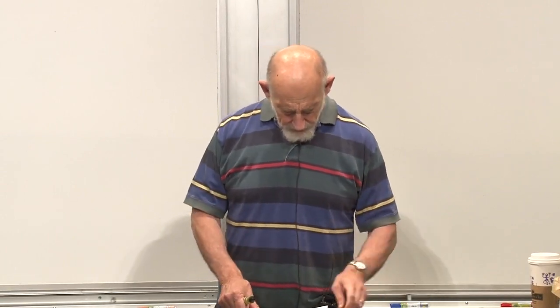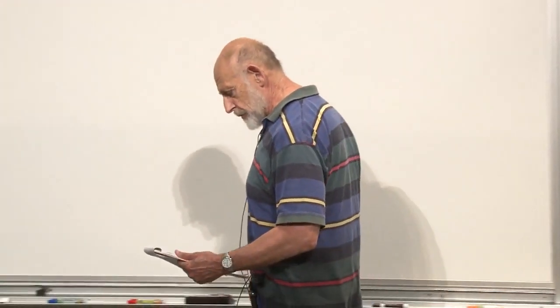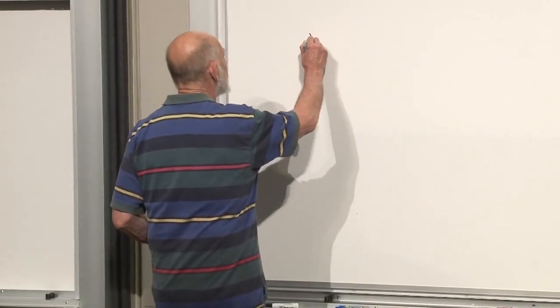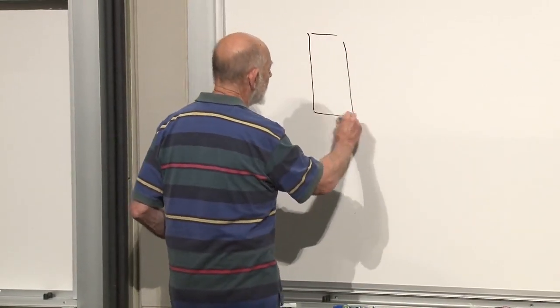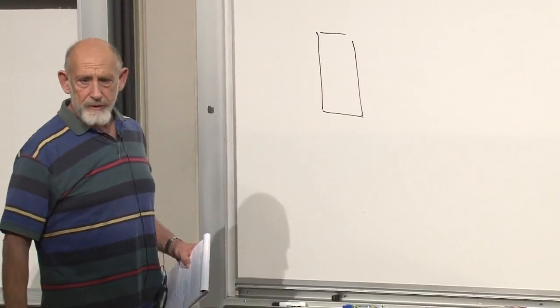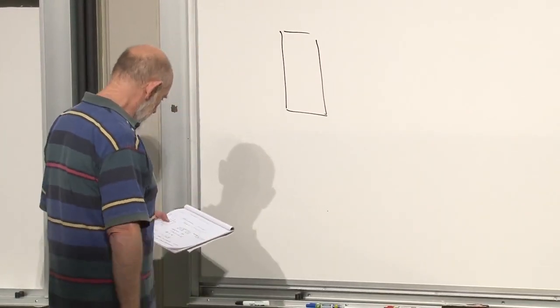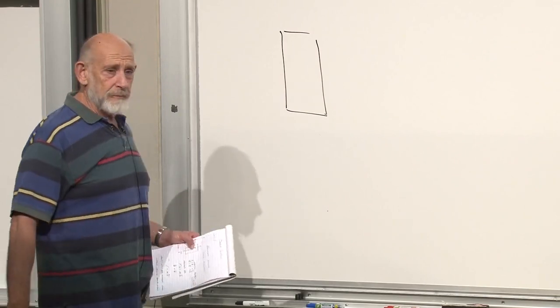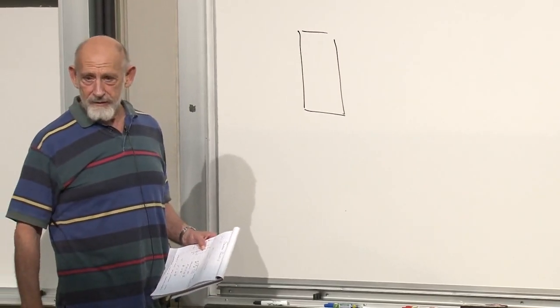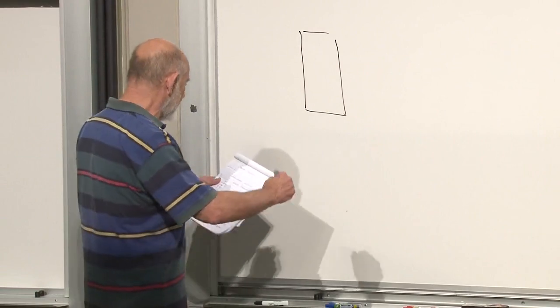Okay, so let's imagine the Einstein thought experiment. Somebody in an elevator. The elevator got promoted to a rocket ship in later textbooks, but I've never been in a rocket ship. I have been in an elevator, and so I know what it feels like to be in an elevator.